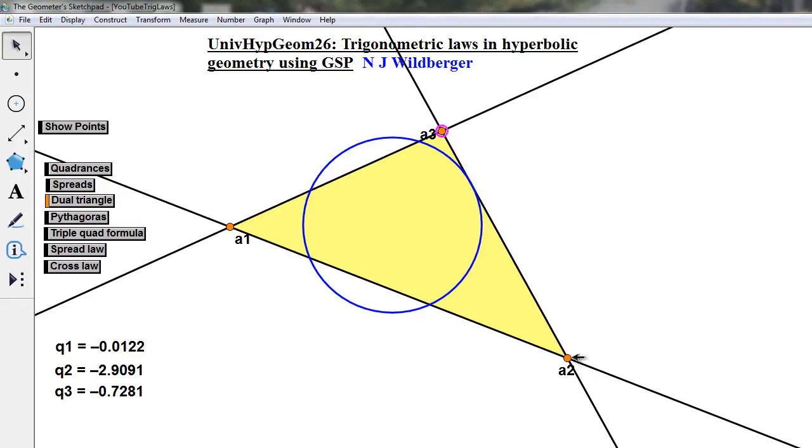Notice the quadrance Q1 here between A2 and A3 is pretty well close to 0 because they're almost on this null line. Alright, so those are the 3 quadrances.